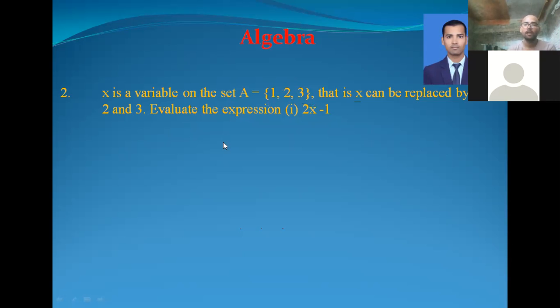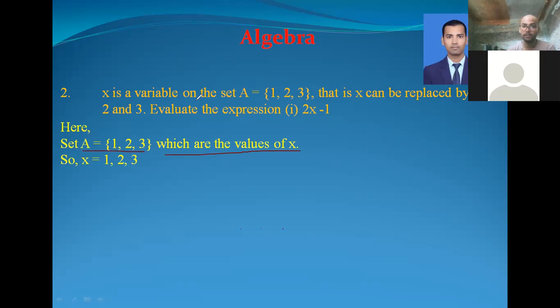So let's show the expression, and the solution is here. Set A is equal to 1, 2, 3, as we have been given in the question, which are the values of x. This is also given because in the first line, x is a variable on the set A, 1, 2, 3.